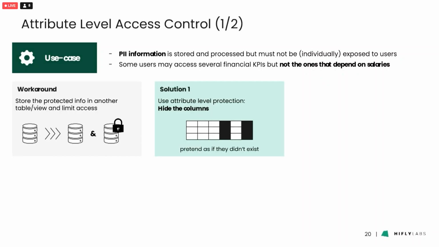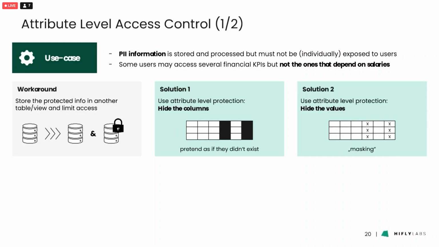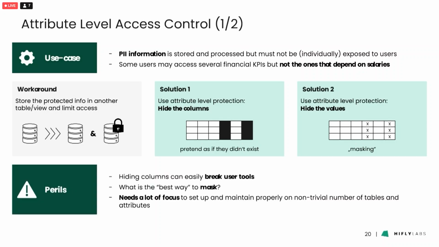The other possibility is that you actually hide those columns as if they didn't exist. And the third solution is that you keep the columns, but you hide the values. All three are available in BigQuery, but it's not trivial which one to apply.